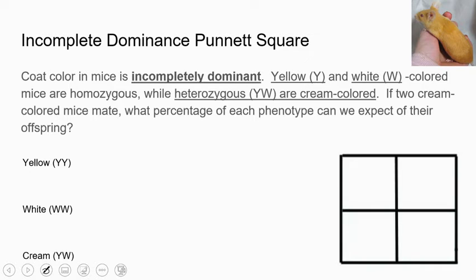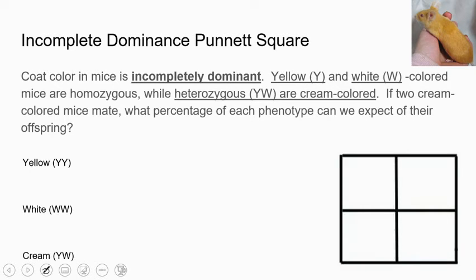And if it's heterozygous, it could be capital W, capital Y. So we're going to take two cream-colored mice, which are heterozygous, and determine the percentage of each phenotype that we would expect. So they're both heterozygous, so we're going to use YW for both of them.